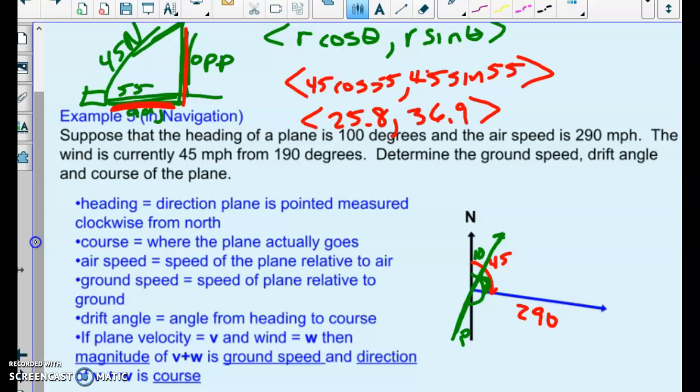What I want to do here is put each of these vectors in component form and then add them together.